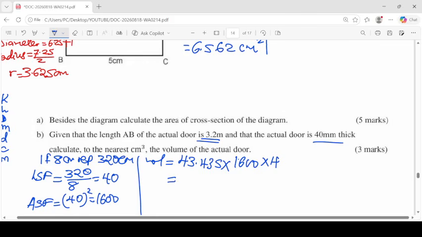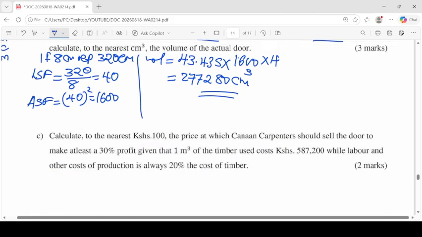And when you multiply 43.435 times 1600 times 4, let me just confirm, this is 277,280 cubic centimeters. That's how you sort that part.